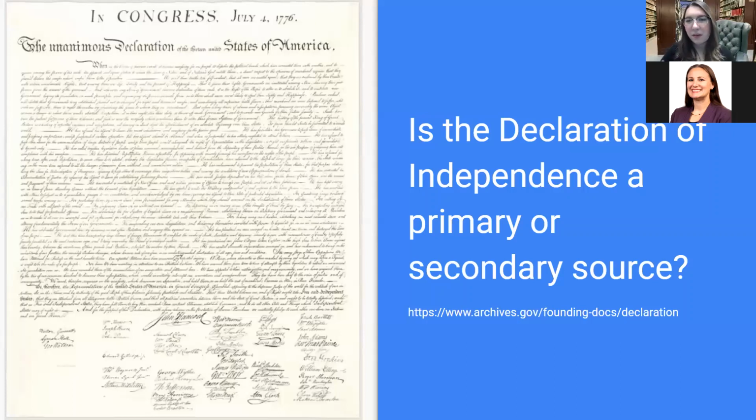If you recall back in high school, we had these concepts such as primary and secondary sources. Using the Declaration of Independence as an example, would we say that this is a primary or a secondary source? You can go ahead and type it in the chat.